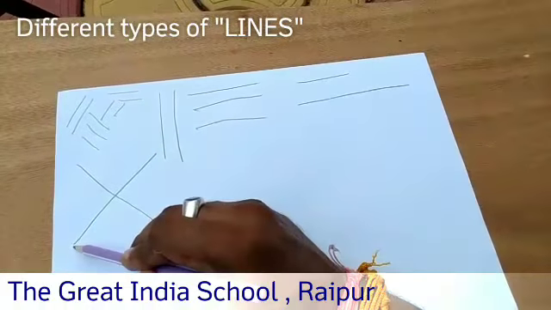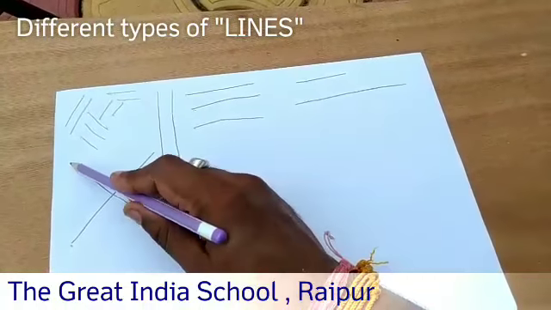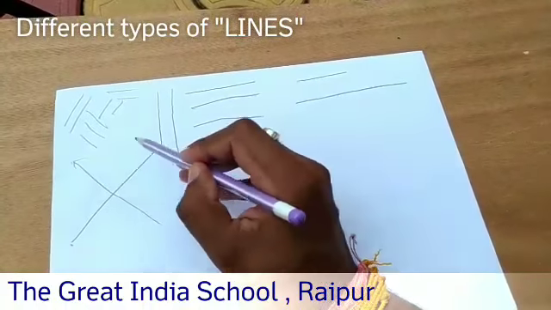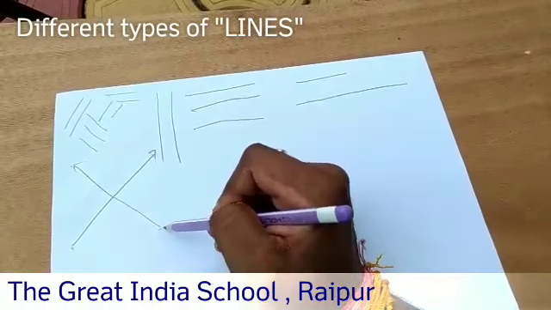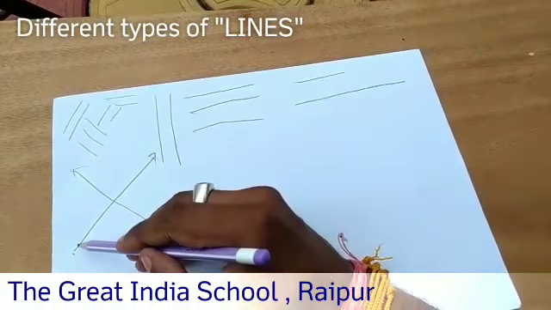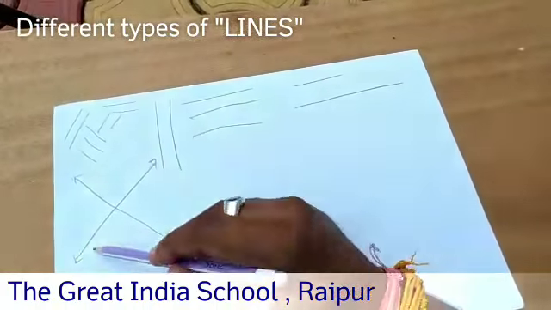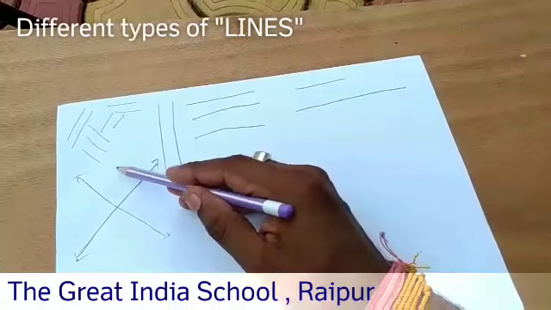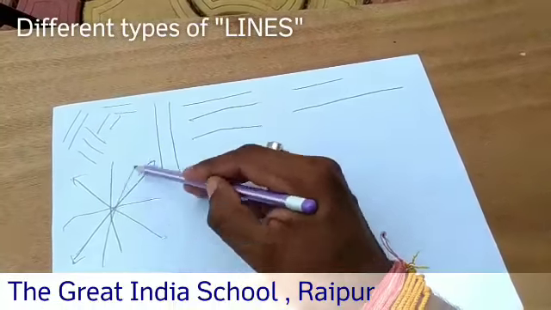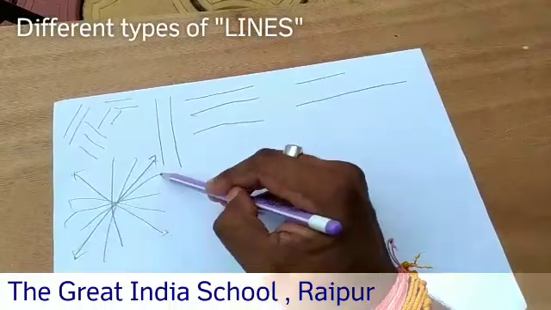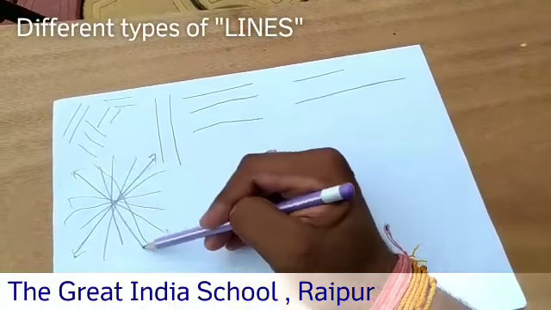This corner to this corner and this corner to this corner. I am just putting the arrow for understanding purposes. You can also add many more diagonal lines like that. These are called diagonal lines.